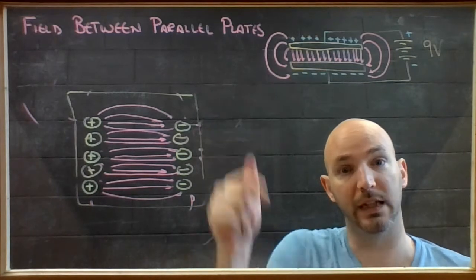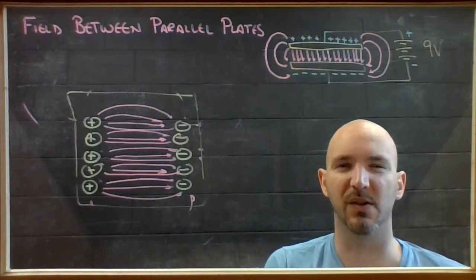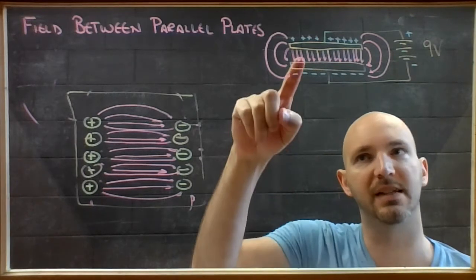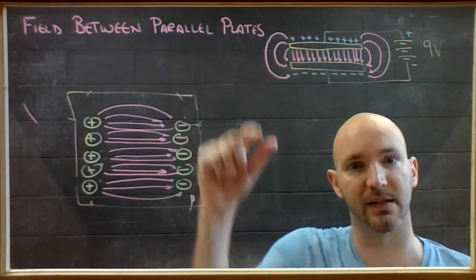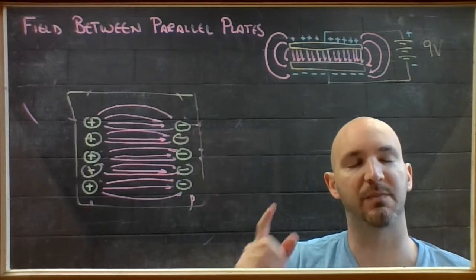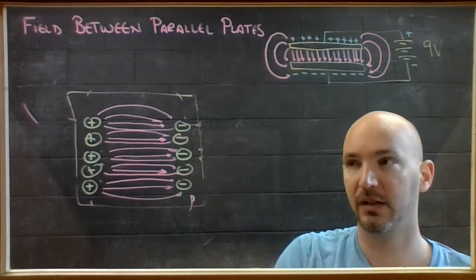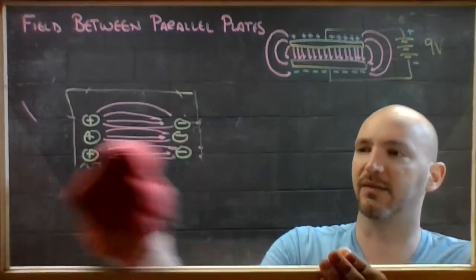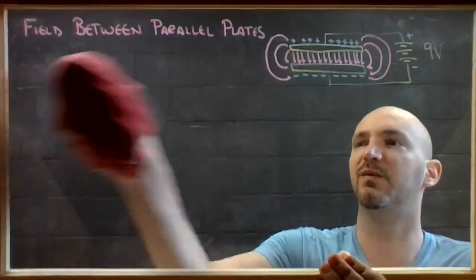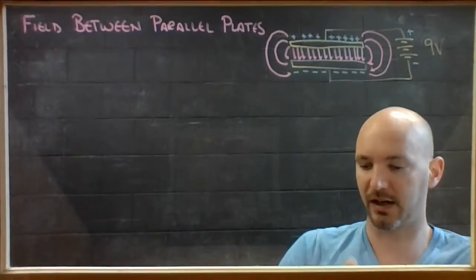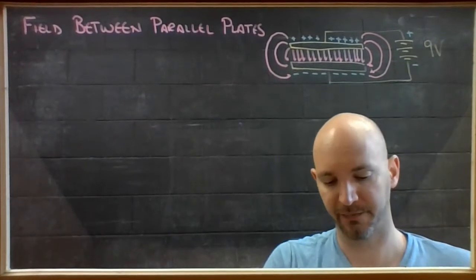That not only are they parallel lines, but it's also uniform strength. So it doesn't matter where you are inside of this electric sandwich, you're experiencing exactly the same field everywhere in this direction. And you can calculate the strength of that field based on 2 very simple characteristics of this setup.